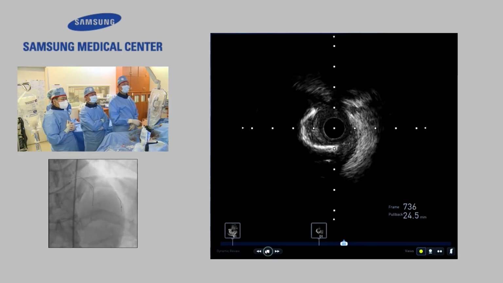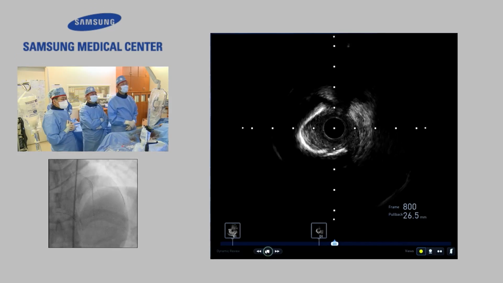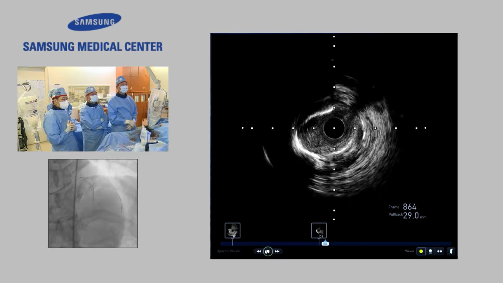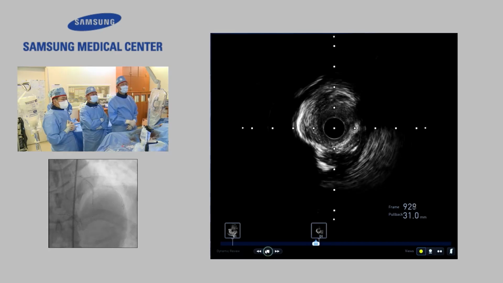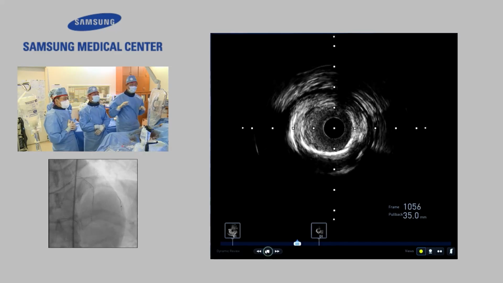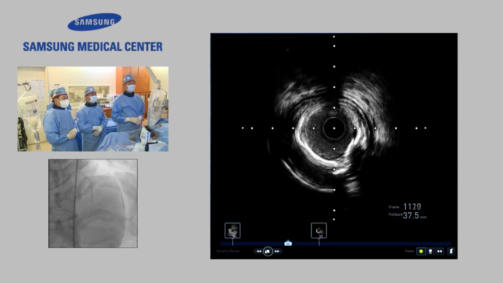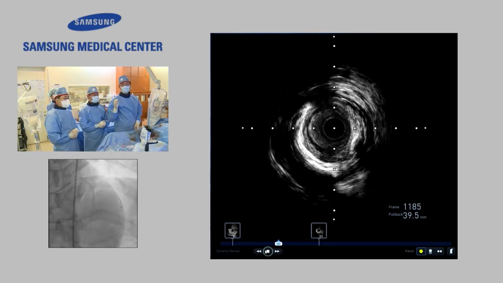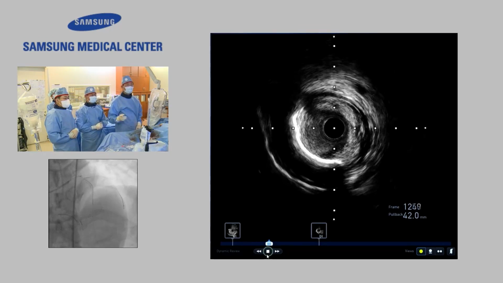You can see the diagonal at 11 o'clock. Actually, we would like to visualize the diagonal ostium by manual pullback.